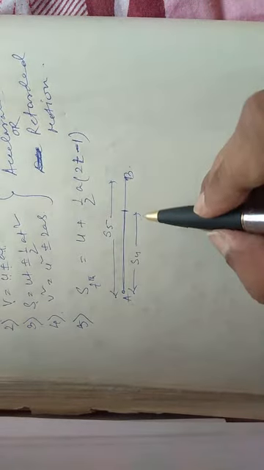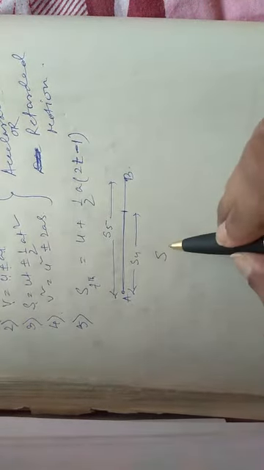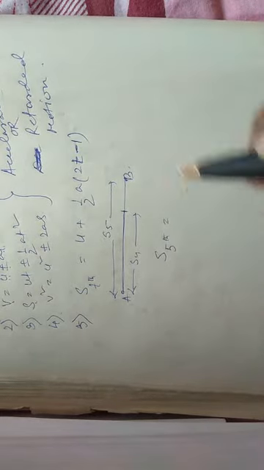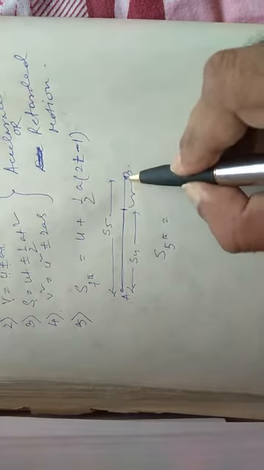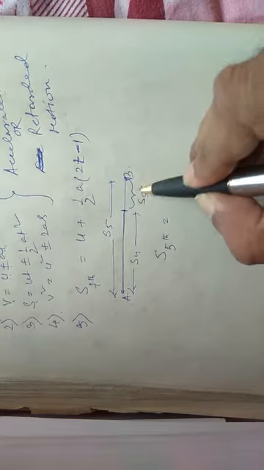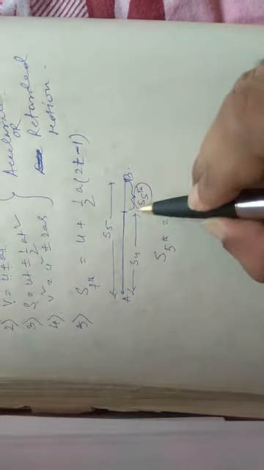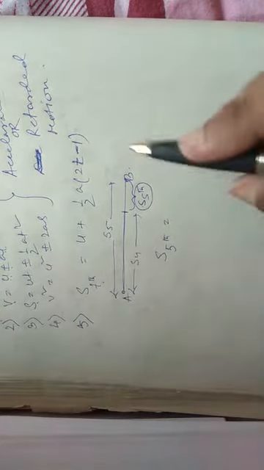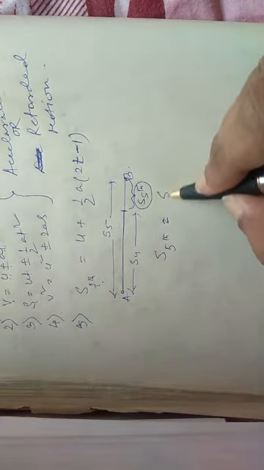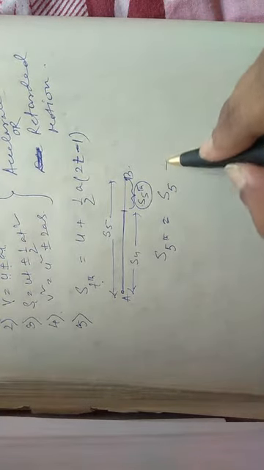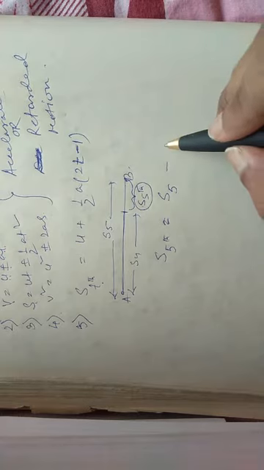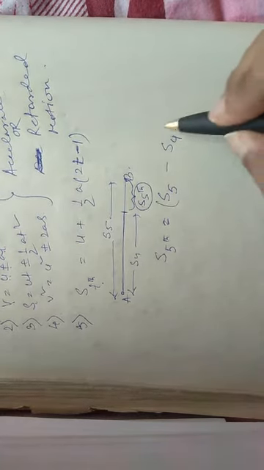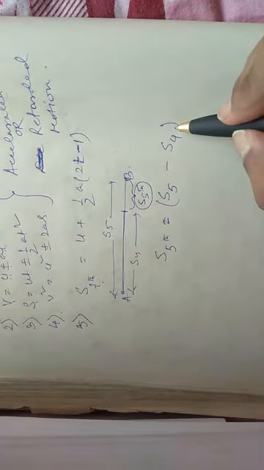Now what is the distance covered by the body in the 5th second? That means this portion. This portion is known as S5th or S10th. Now how to find out? We subtract total distance covered in 4 seconds from the distance covered in 5 seconds. S5 minus S4.